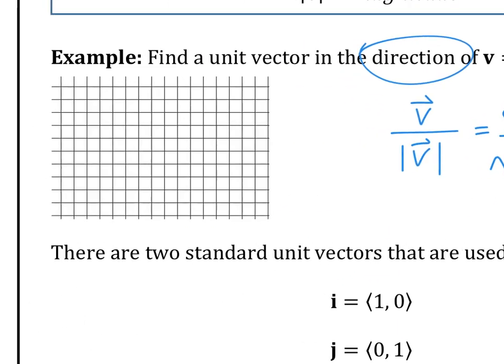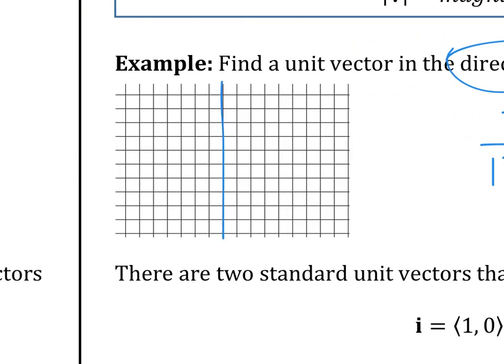Okay, so let's look at what this means. Vector v is negative 3, 2. That's this one. We want a unit vector that points in that direction. So we said the unit vector is negative 3 over square root 13, comma 2 over square root 13. I'm going to try to figure out what that number is and see if it's actually a vector that points in the same direction.